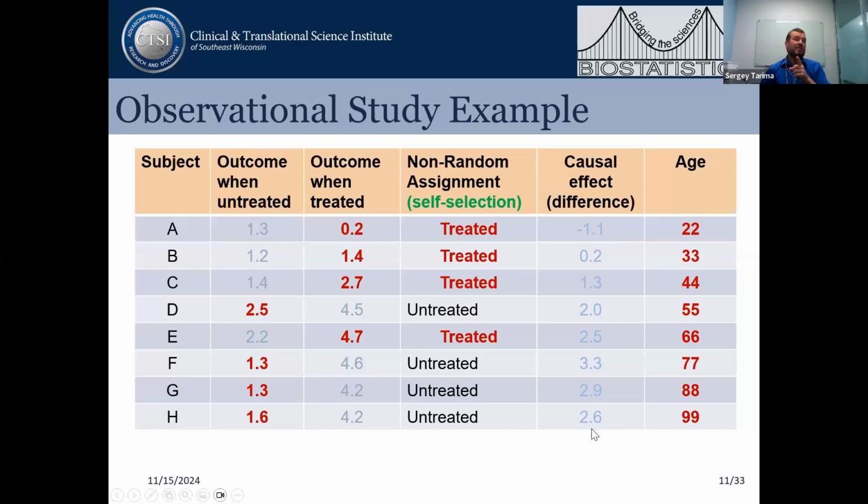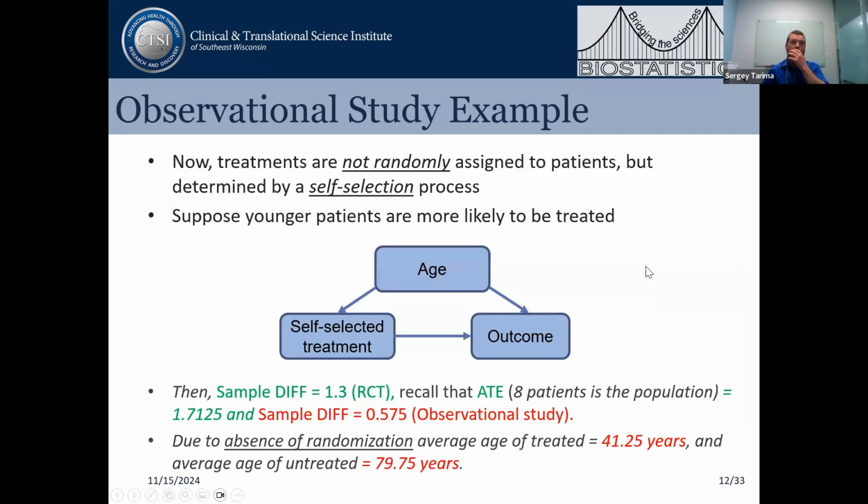But the causal effect continues to be exactly the same. What changed is that we do not have randomization. We have only self-selection into the treated group. Treatments are not randomly assigned to patients, but self-selected.